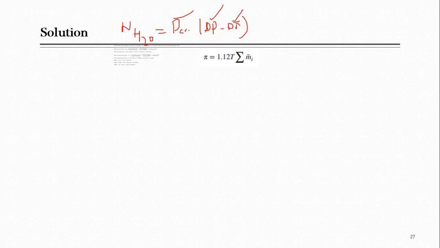Then delta pi is the osmotic pressure, and for this I have provided the equation which we have already discussed. This will be used for this calculation. And then this formula will be used for calculation of salt flow rate, salt passage, salt flux through this membrane. That's permeance, as I told, and that's already given.